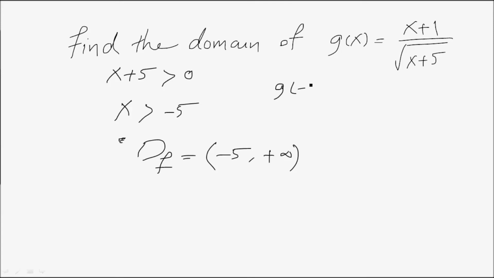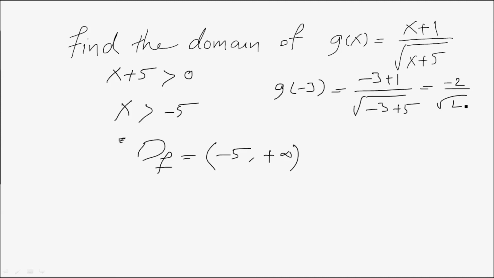g of negative 3, that is negative 3 plus 1 over radical negative 3 plus 5. That gives me negative 2 over radical 2, which is perfectly fine.